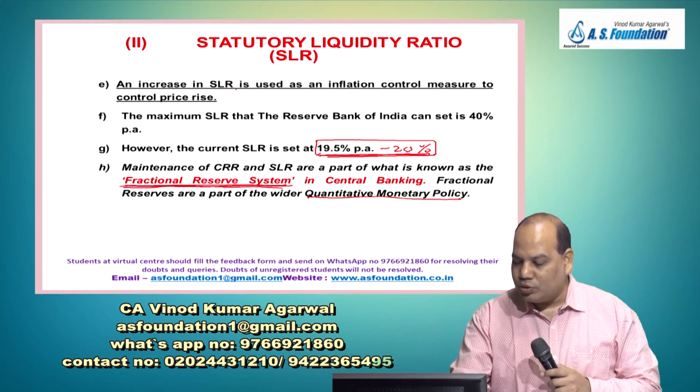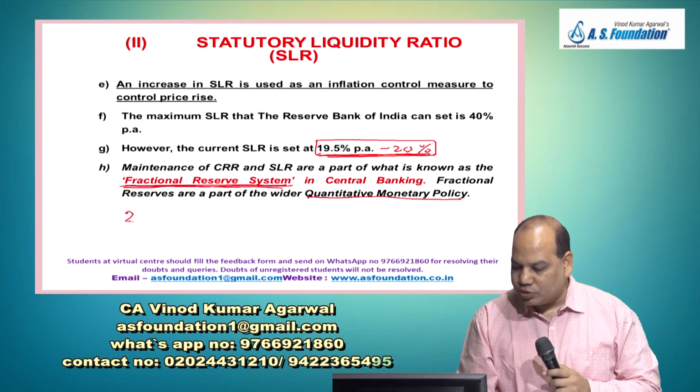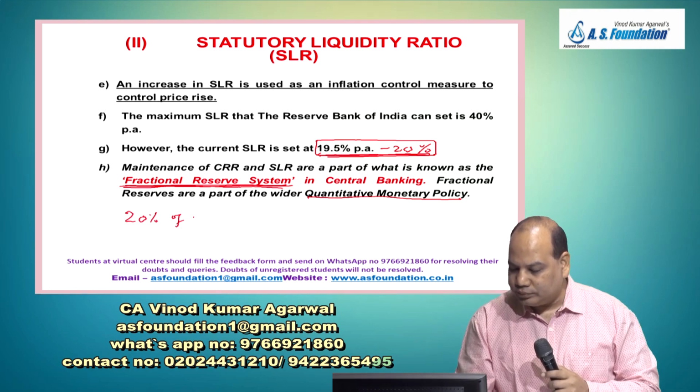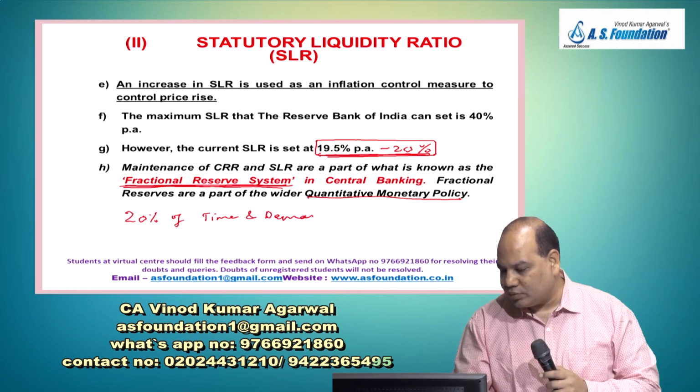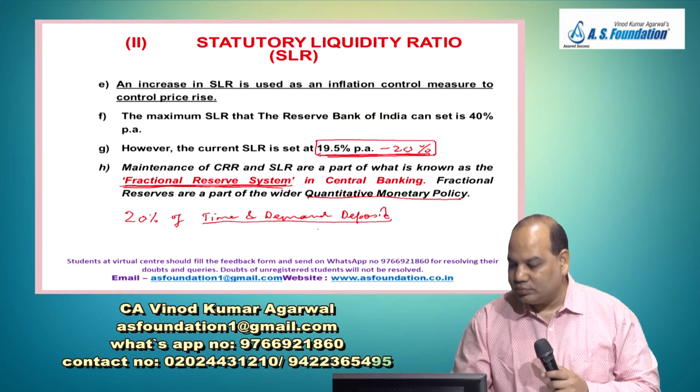Okay. How do you calculate SLR like your CRR? Suppose 20% of time and demand deposit. So first you calculate time and demand deposit, which in our earlier example it was how much? 10,000.